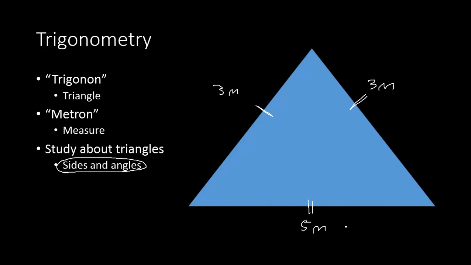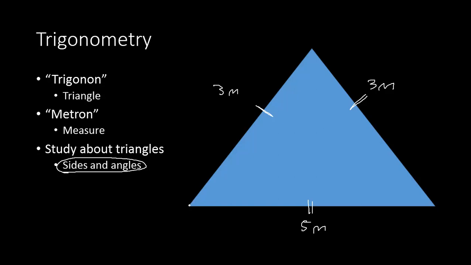Angles, on the other hand, tell you the distance between two lines, when they are spreading. So what do I mean by that? First, let's locate where angles are.